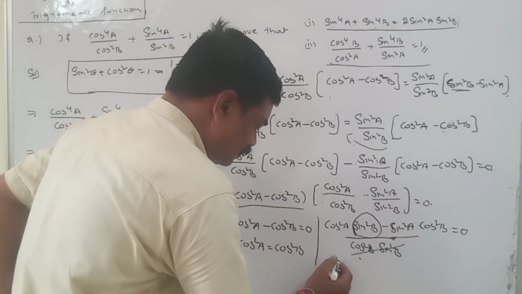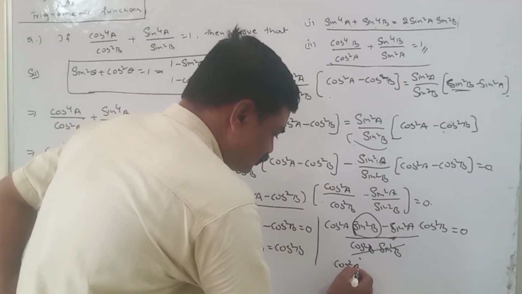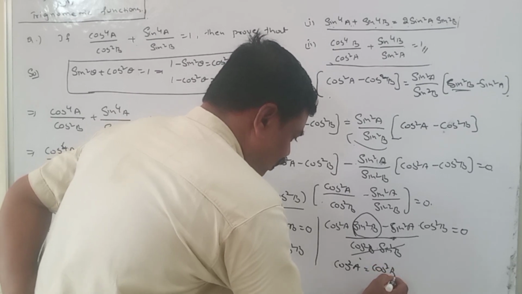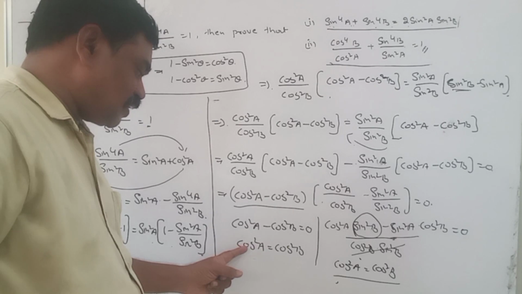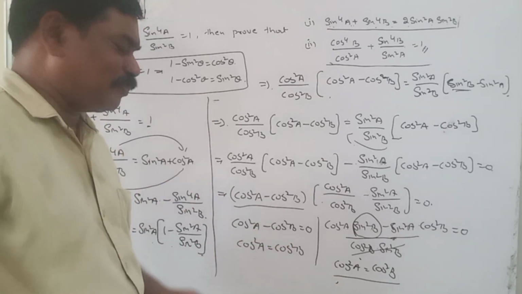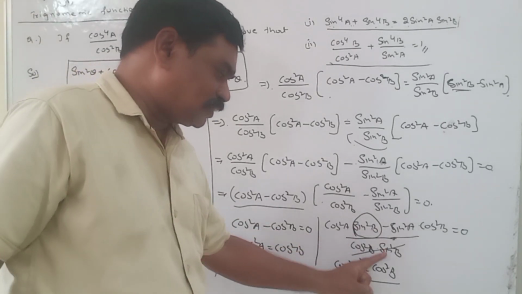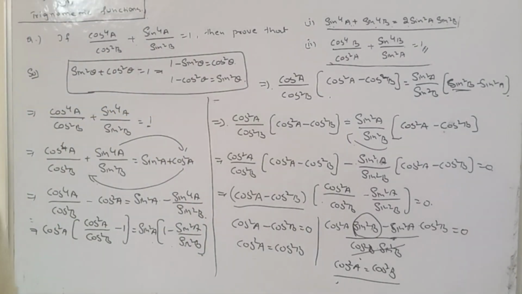We will get cos²A equal to cos²B here also. So both conditions are equal. Cos²A is equal to cos²B is the condition.